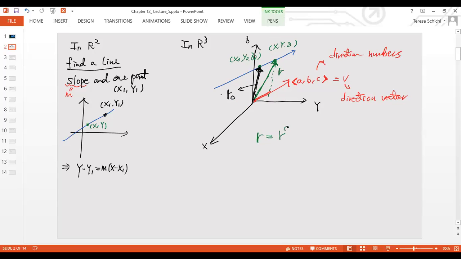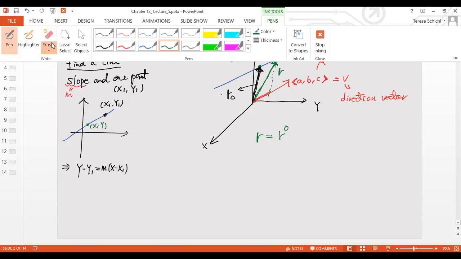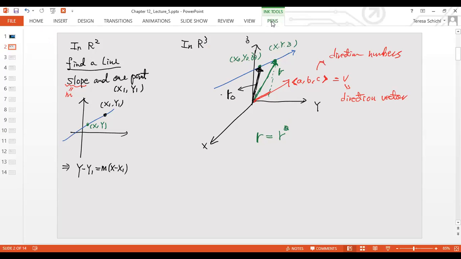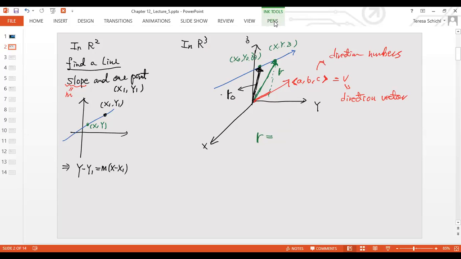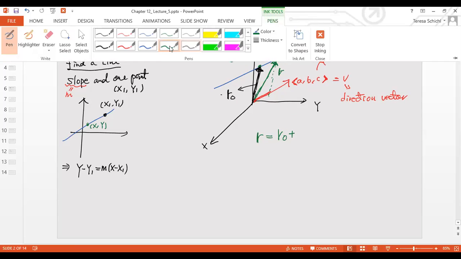So it's R0, and I should put the 0 at the bottom here, right? So it's R0 plus this factor.